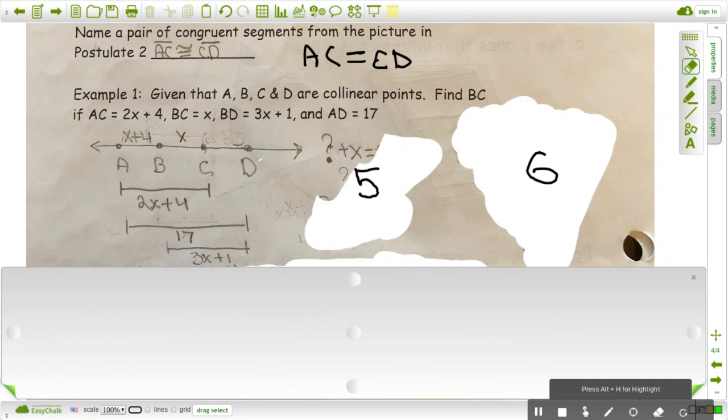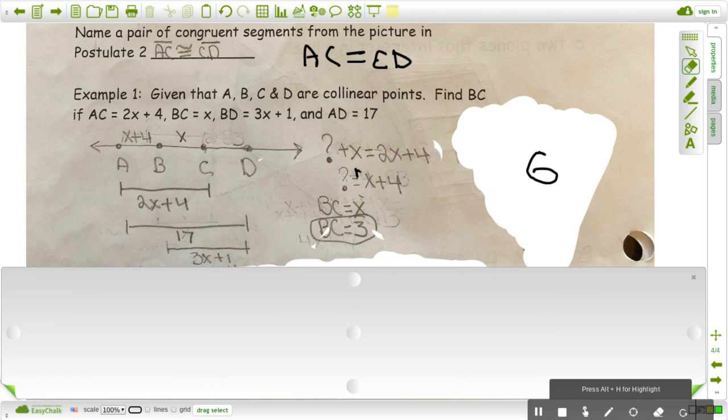Now, to solve it, you will write an equation. It would be question mark, or what you're trying to find, plus x is equal to 2x plus 4. So what it's saying is this value, which you don't know, plus BC is equal to AC, which is postulate number 2, the segment addition postulate.